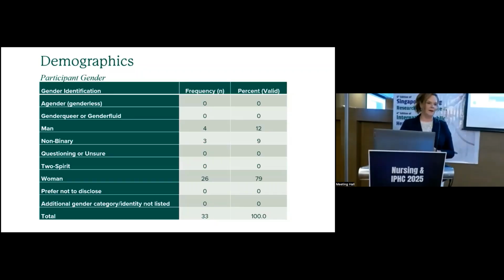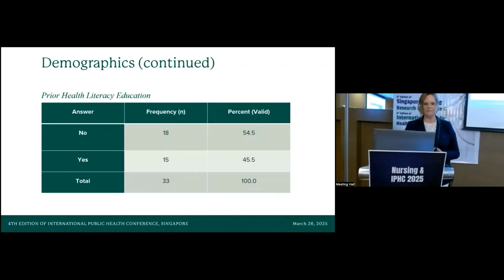So I ended up with 33 participants. 18 of them had not had any prior health literacy education, and 15 of them did. I specifically wanted to point that out because later when I show t-tests and other information, this impacts their confidence.